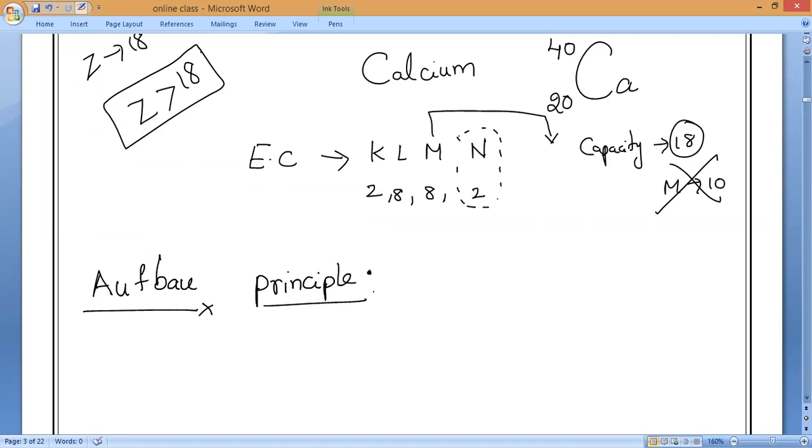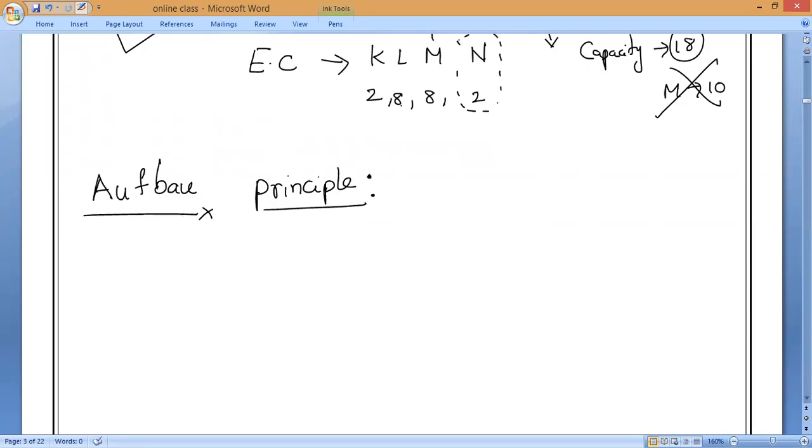Now, till now, what is the number of known elements to humans? Total known elements till now, fast, anybody? Total known elements to human beings up till today is 118.